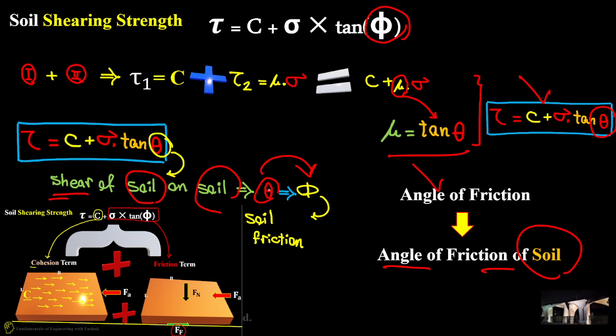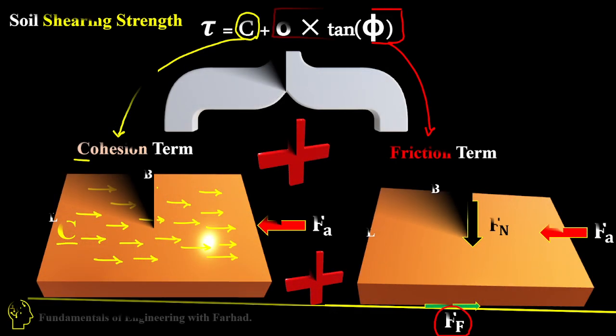That's why we can replace theta by phi, because we have the shear of soil over soil, and in those terms tau is equal to C plus sigma times tangent of phi. That's a conceptual and also mathematical understanding of the two components of shear stress. Thank you. We will solve more examples.